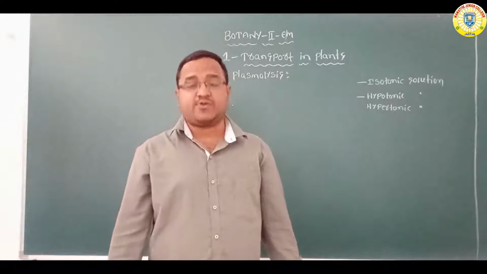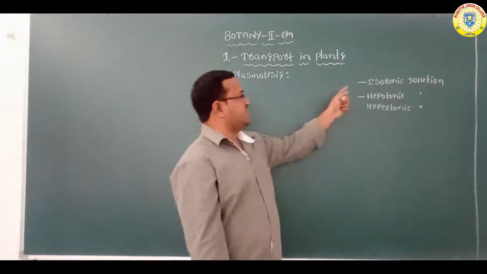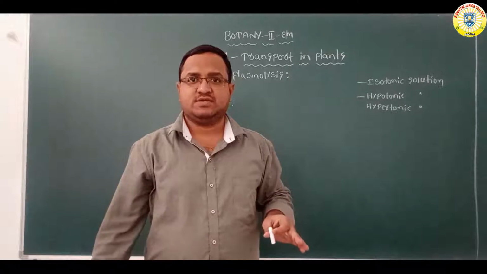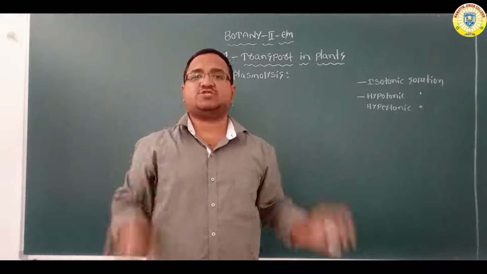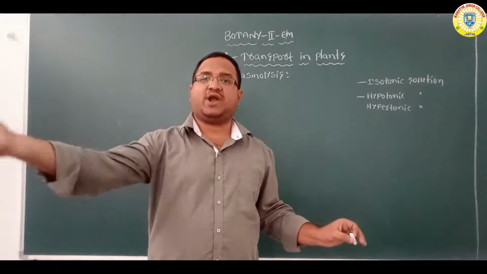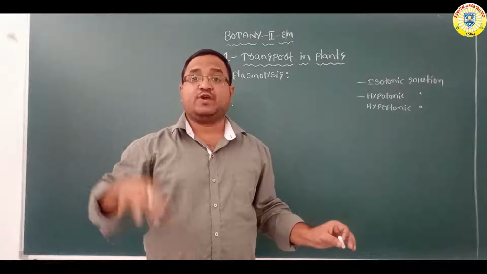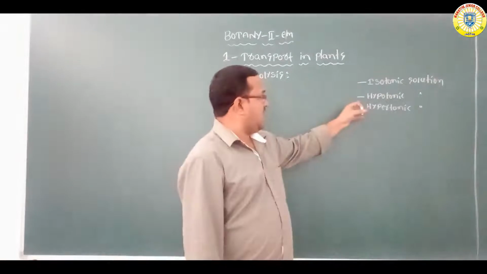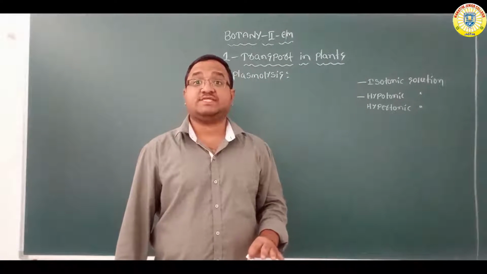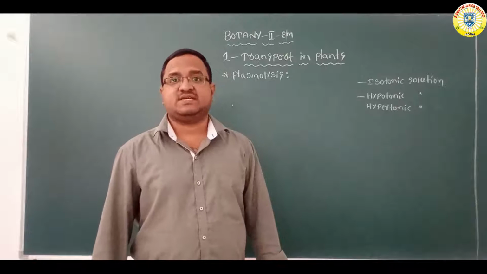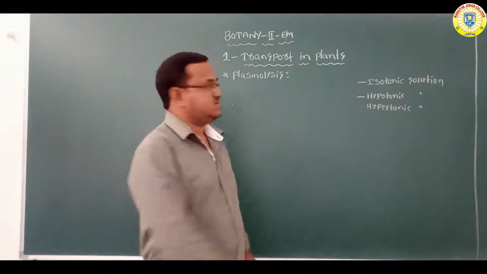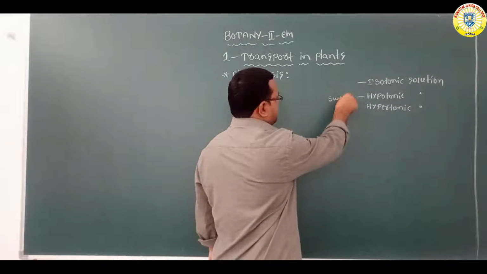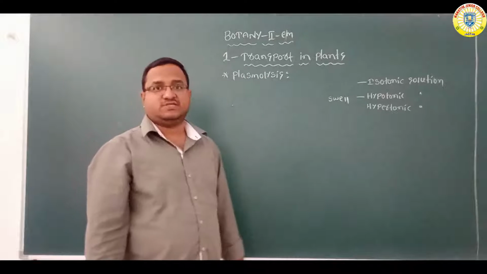Suppose you keep the cell in isotonic solution, there is no net movement of water inwards and outwards. Both are stable. Equilibrium is maintained. If you keep the cell in hypotonic solution, the cell swells and becomes a bulbous, turgid cell.